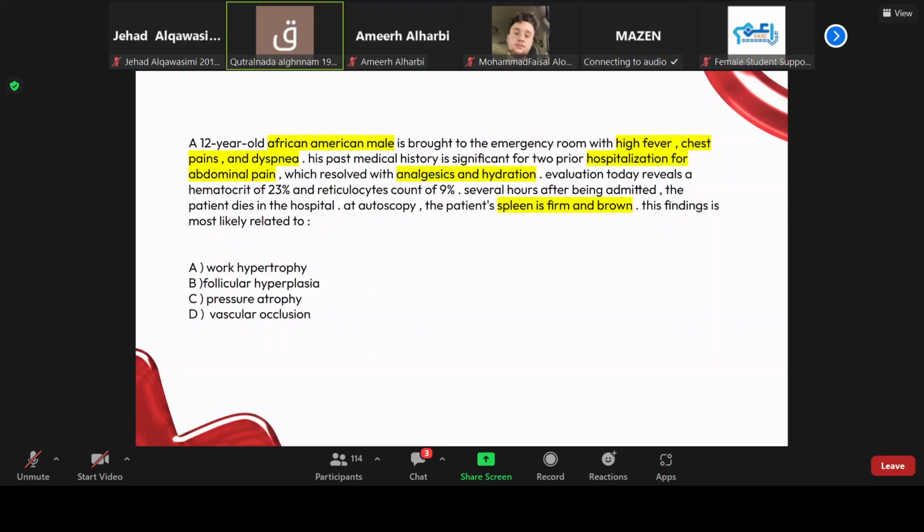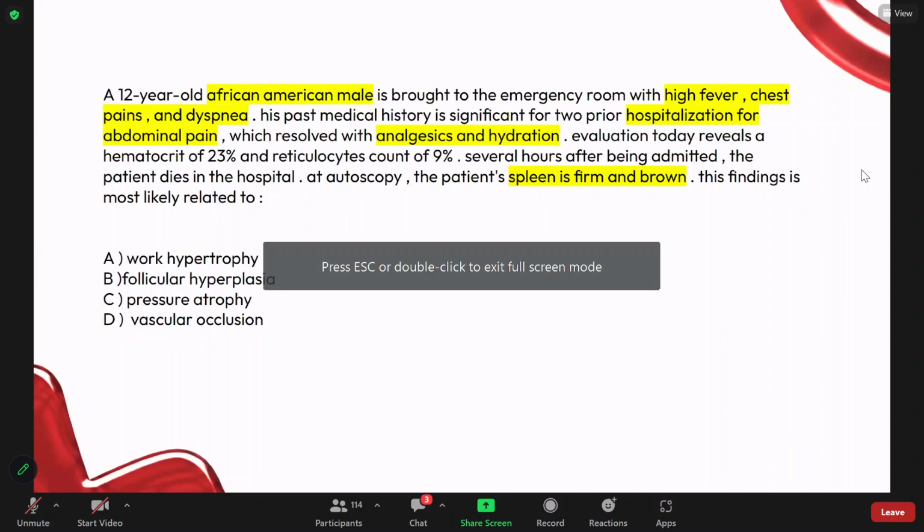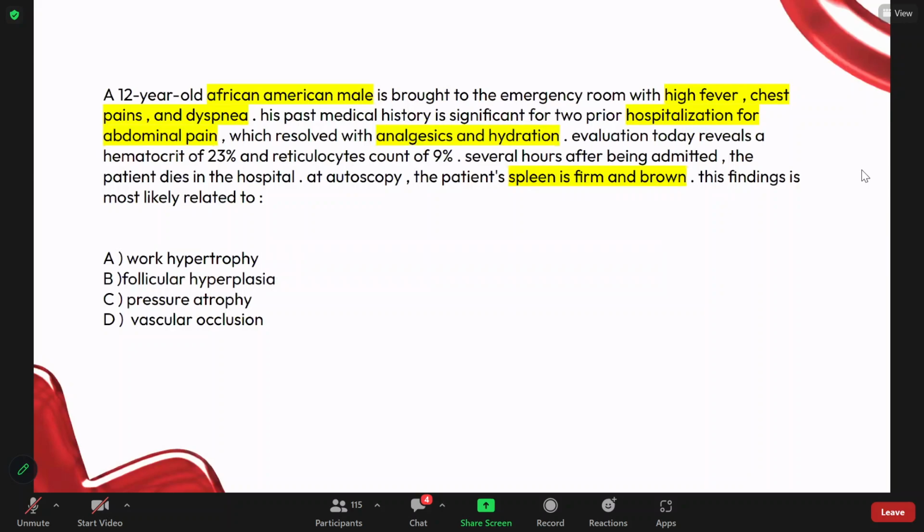The second is a 12-year-old African American male brought to the emergency room with high fever, chest pain, and dyspnea. His past medical history is significant for a prior hospitalization for abdominal pain, which resolved with analgesics and hydration. Evaluation today revealed a hematocrit of 23% and reticulocyte count of 9%. Several hours after being admitted, the patient died in the hospital.